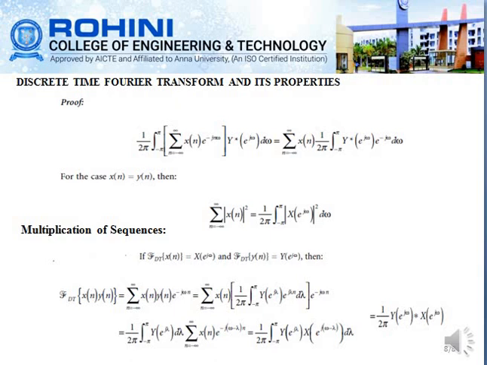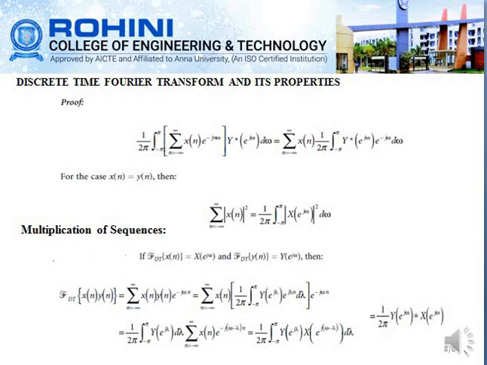So y of n is written as 1 by 2 pi integral minus pi to pi Y of e power j omega, where omega is replaced by lambda, so Y of e power j lambda e power j lambda n d lambda, into e power minus j omega n.